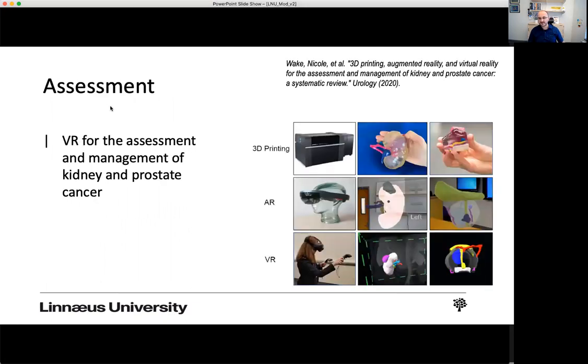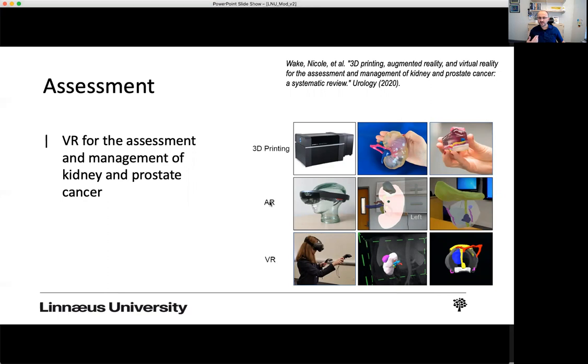For example, this study here, again, you can follow this citation and read more about it, but essentially it shows a combination of three technologies. One is 3D printing, where these researchers have printed what I think is a kidney, and then they explored it using AR and also VR.